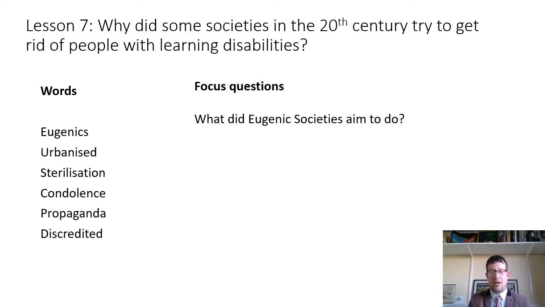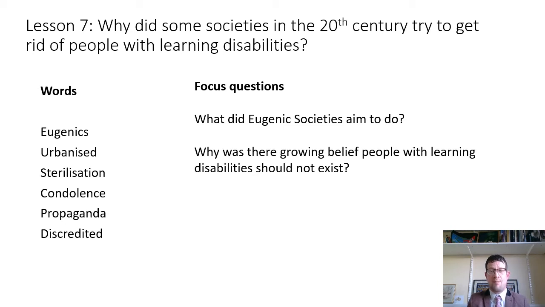It's the idea of allowing better animals to breed together and not allowing inferior animals to breed together, and by doing so you get bigger, stronger cows and horses and everything else. Well, eugenic societies argued that these same principles should be applied to humans, and this was extremely bad news, devastating news for people with learning disabilities, because of course their characteristic of learning slower than others was regarded as undesirable, and so their right to have children, their right to exist, came to be questioned.